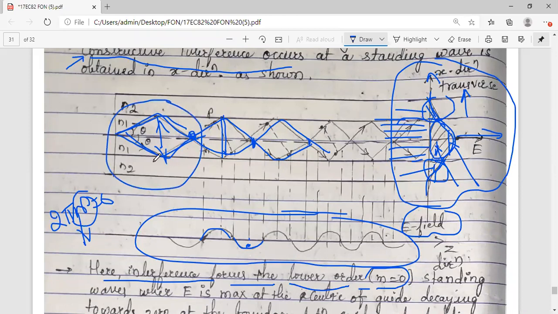If m is equal to 1, 2, 3, I will show you the figure later. This field I have drawn here, a clear picture you can get here. Here, if you see, after two reflections there is a phase change. This is how the electric field travels.